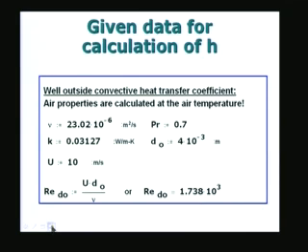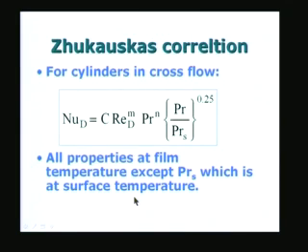The value of the Reynolds number, the Prandtl number, and so on, we will have to put into this recipe I talked about, the correlation. It is called the Zukowski's correlation. I think there is a spelling mistake here. It is Zukowski's correlation.